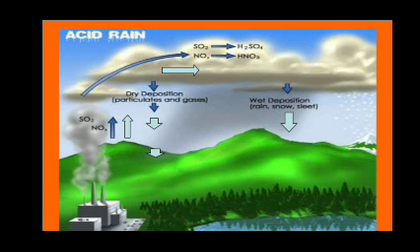See the figure. From industries, oxides of sulfur and nitrogen are released. The sulfur and nitrogen oxides interact with rainwater to form acids H2SO3, H2SO4, HNO2, HNO3.